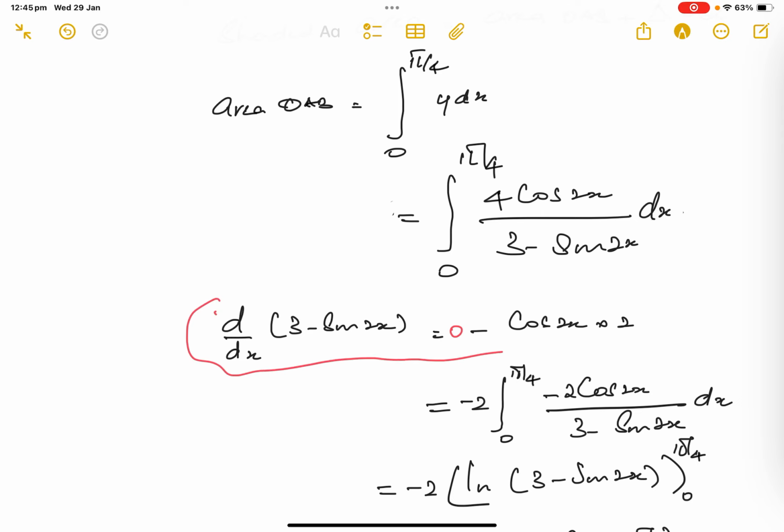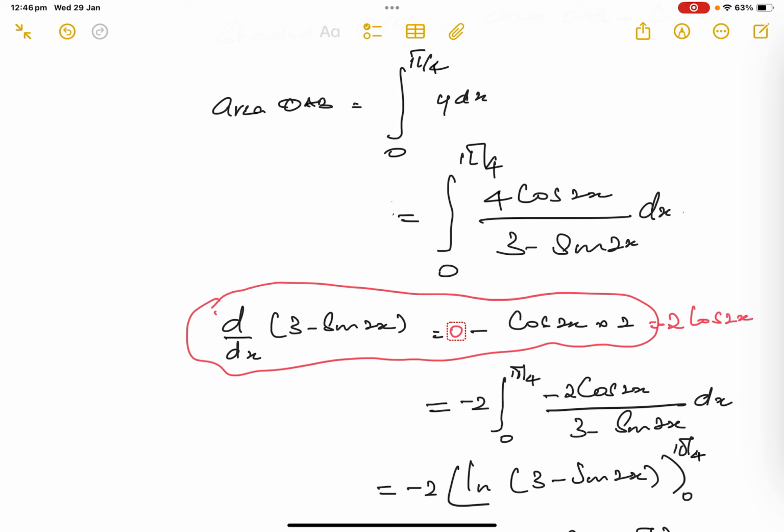So the differentiation of the denominator is minus 2 cos 2x.